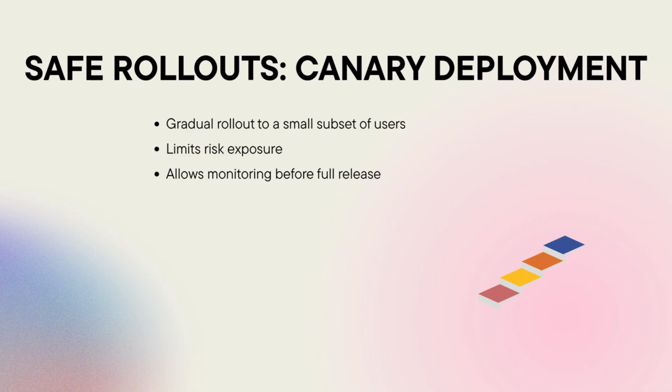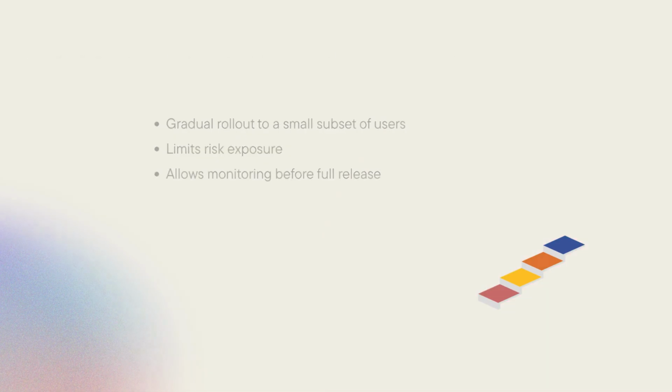Performance is monitored carefully, and if results are positive, the rollout expands. If issues are detected, the system reverts quickly to the previous stable version. Canary deployments provide a practical way to test new models in production without exposing the entire user base to potential errors.